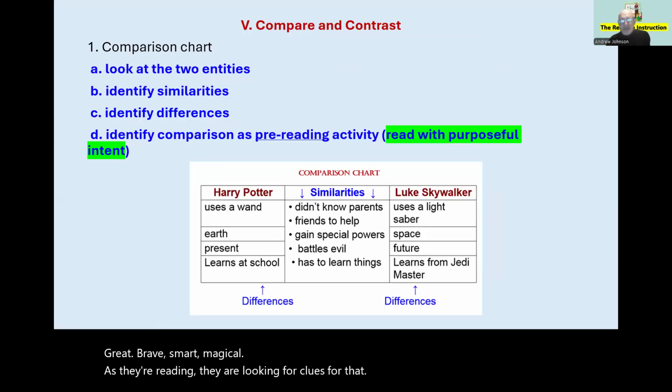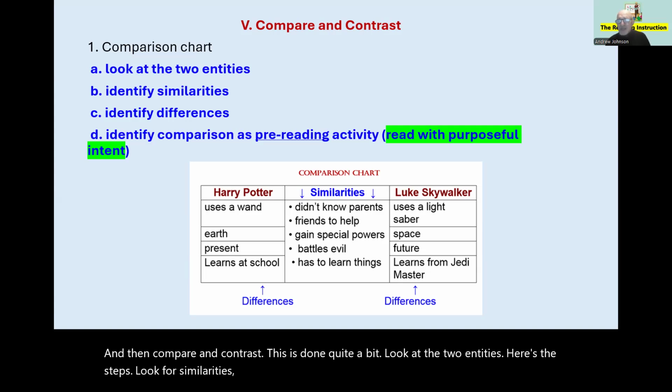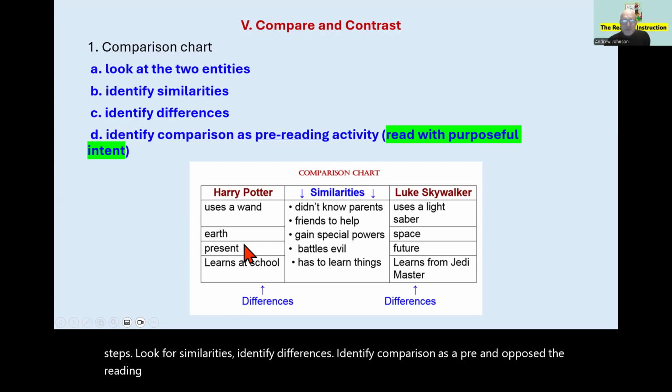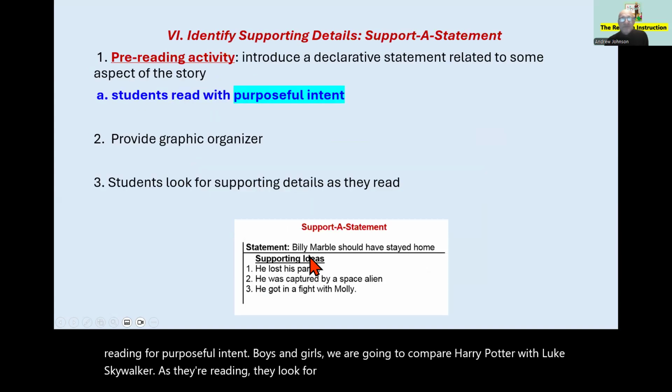And then compare and contrast. This is done quite a bit. Look at the two entities. Here's the steps. Look for similarities, identify differences, identify comparison as a pre and a post. They're reading for purposeful intent. Boys and girls, we are going to compare Harry Potter with Luke Skywalker. As they're reading, they look for similarities and differences.